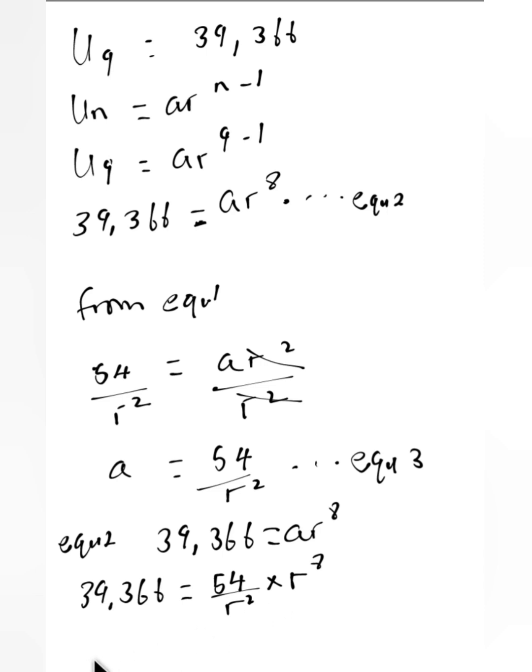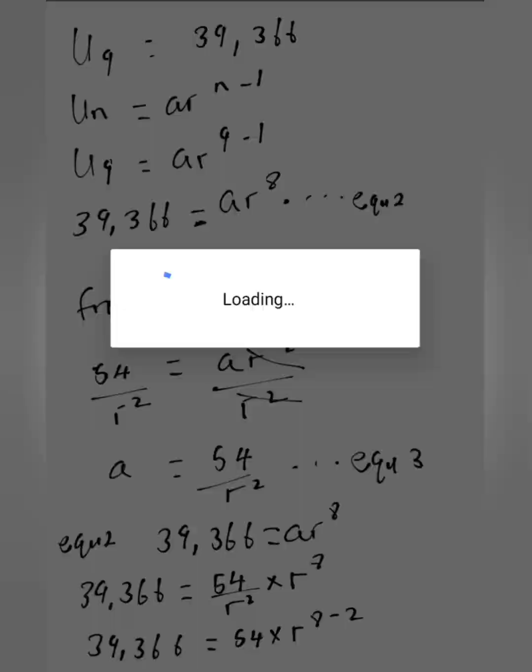So at this point, we have 39,366 is equal to 54 times r raised to the power 8 minus 2. Here's an indices. So here, we are going to subtract the power of r. So if we proceed, we have 39,366 is equal to 54 r raised to the power 6.